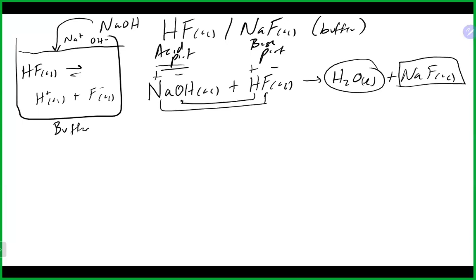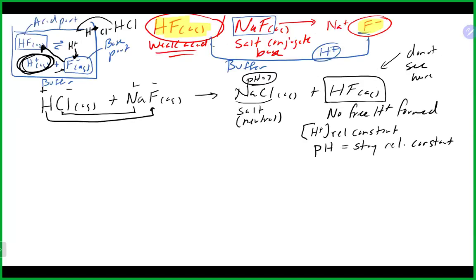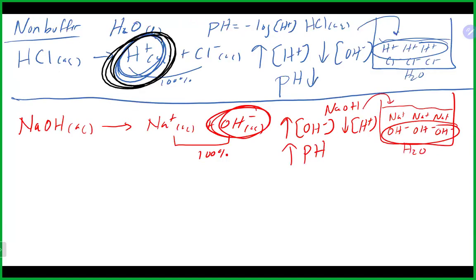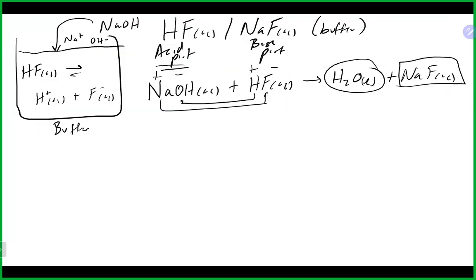So again, it is actually what we do not see that we did see when we added it to water. When we added the sodium hydroxide to water, we produced a lot of OH minus really, really quickly, freely floating around the solution. Here, we have no free OH minus in the solution made.